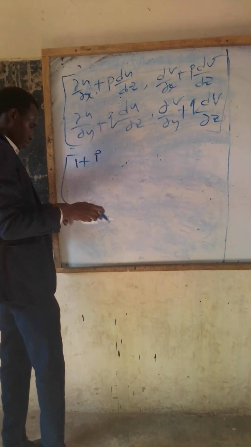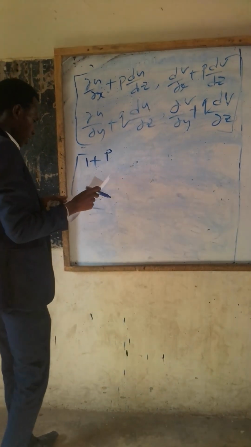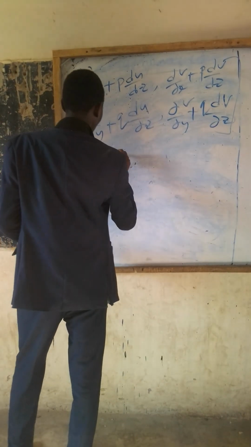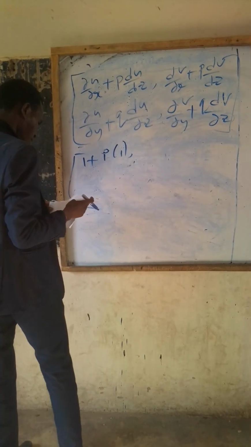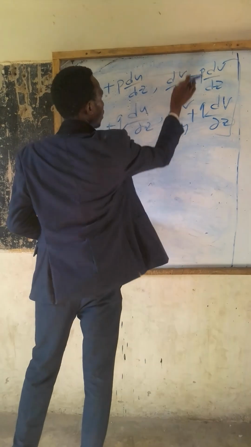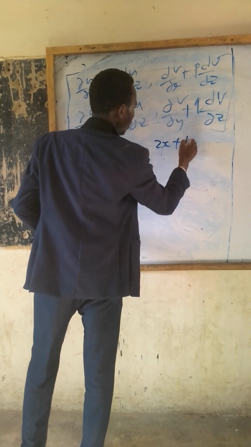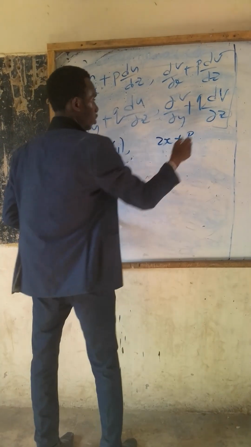In the solved problem, u·z also got 1. Then v·x, we got as 2x, plus p·v·z, which in the solved problem we got as 2z.